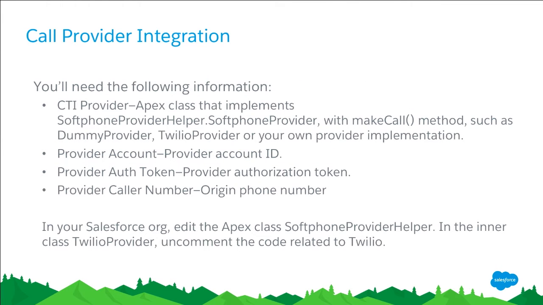So here is the information, what you have to do. You basically just need to provide a CTI provider, a provider account ID, and authorization token, and edit the helper. As I said, you can also add your own implementation. You just basically add it to this softphone provider helper. You add an inner class, and that should work.